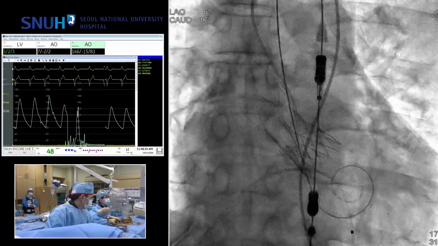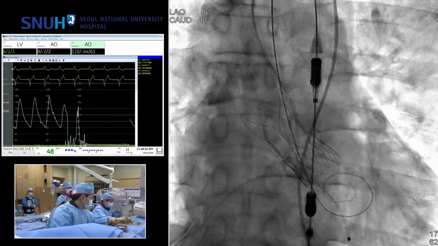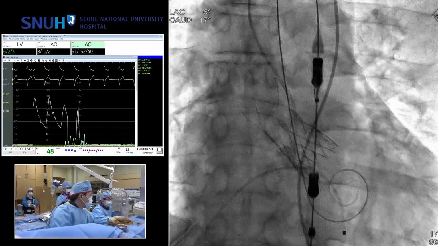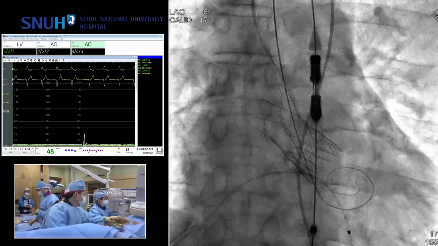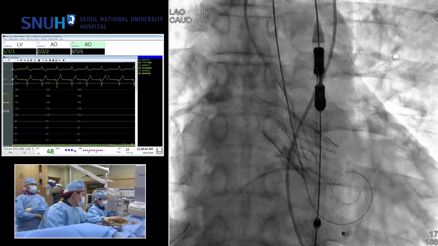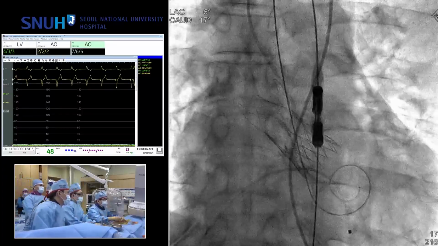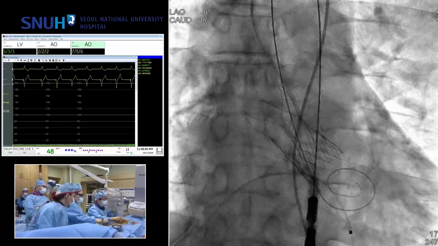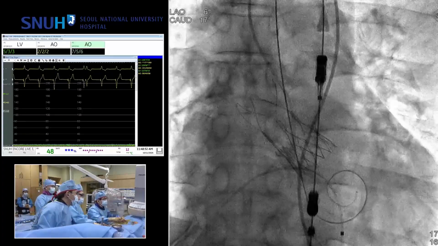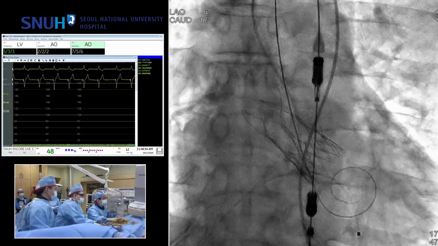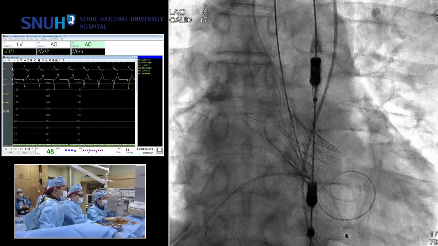Okay, actually, the procedure is successfully done. When I look at the hemodynamics, is that the pacing rhythm or not? We want to know about pacing rhythm. Sometimes the patients show complete AV block. Please show us the rhythm after the procedure. What is happening after the acute phase, complete AV block or not? That is the important issue in these cases.